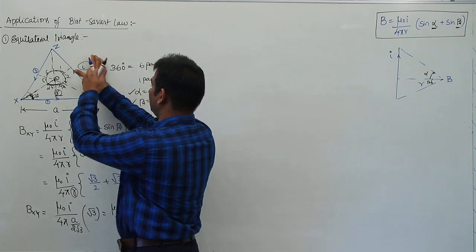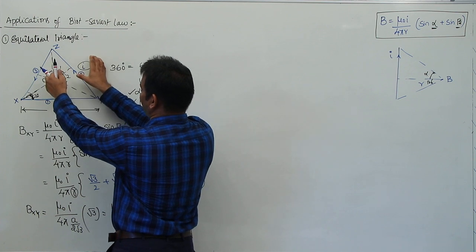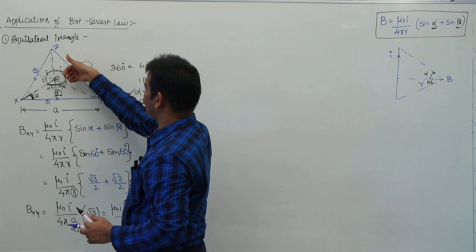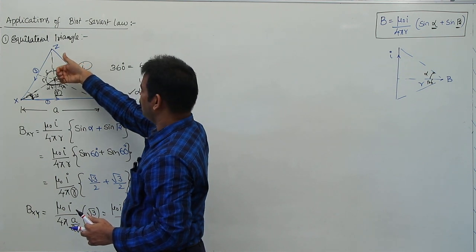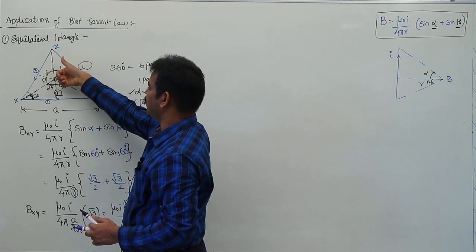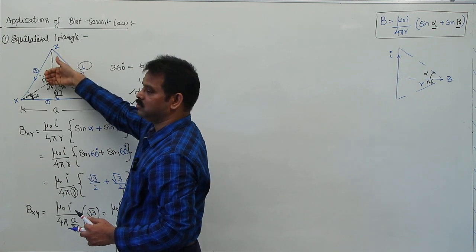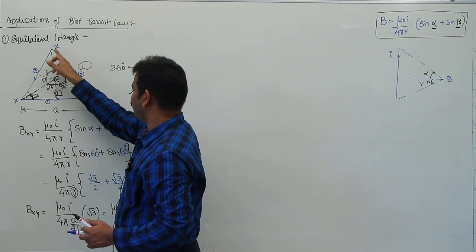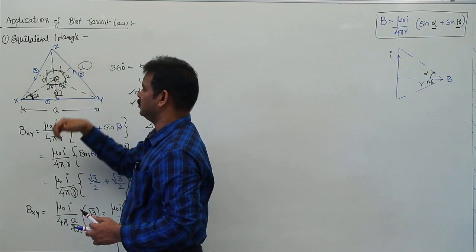But I don't want the magnetic field outside the triangle. I want the magnetic field at the centroid of this triangle. So you just change your finger like this. Don't change the direction of current. Here the field will be outside. So the magnetic field due to YZ, the magnetic field due to the current flowing from Y to Z, is also outwards.